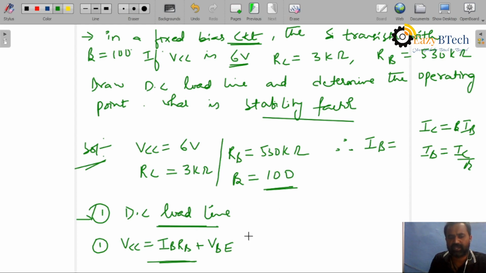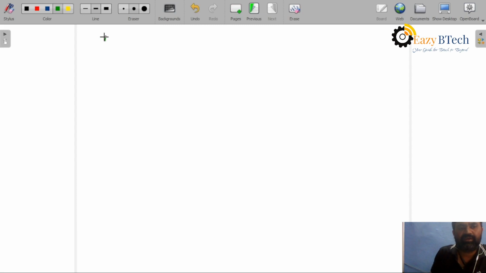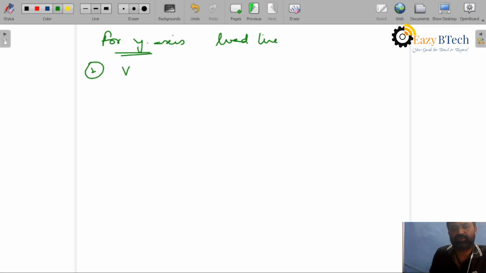Now from this expression, you can clearly study the y-axis, the load line. To draw the load line equation, from the second loop, that is VCC is equal to ICRC plus VCE.